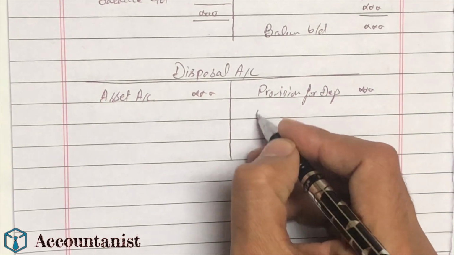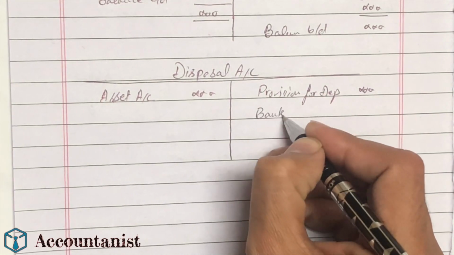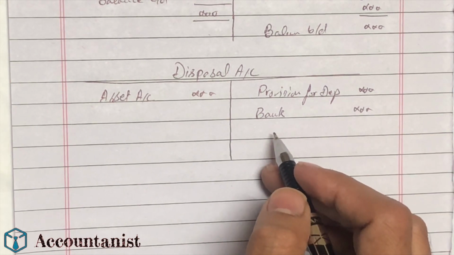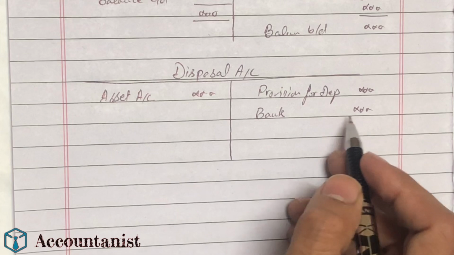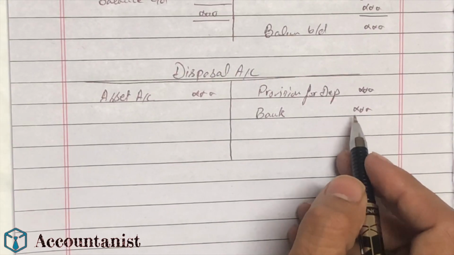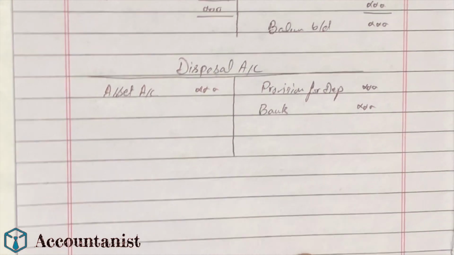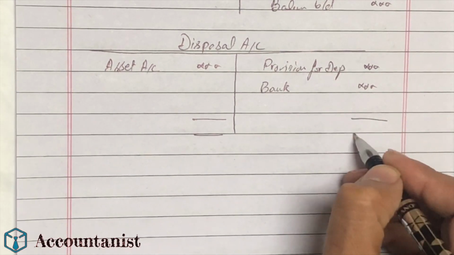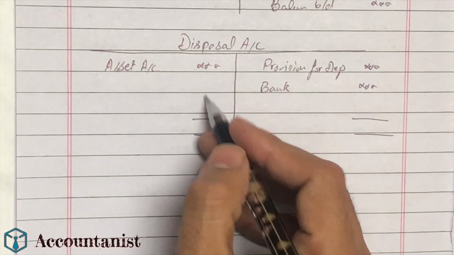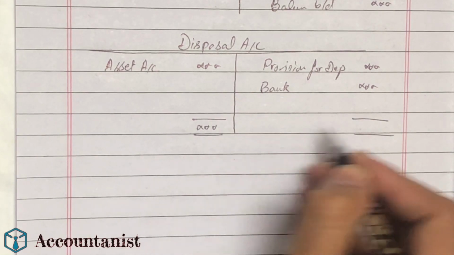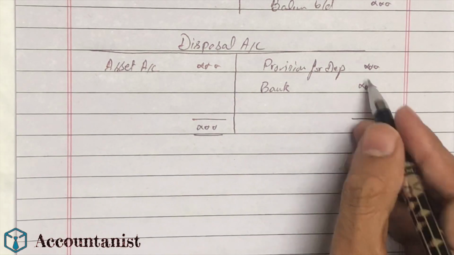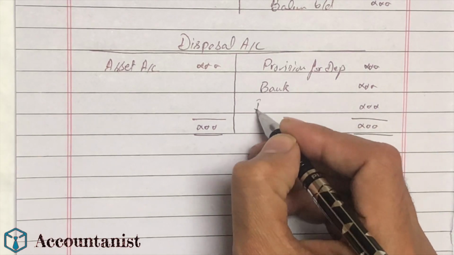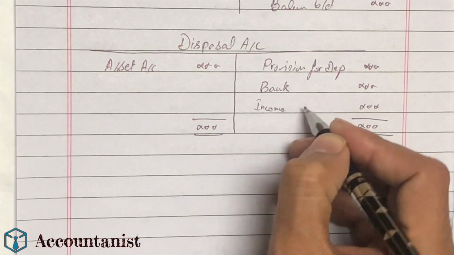This entry will be the amount at which we sold this asset. So if we sold this asset for 6,000, we'll write down the 6,000 here. This will be the third transaction, and after that we'll balance this account. If this side has a bigger value and this side has a smaller value, we'll get the balance here, and this balance will be written with the income statement.